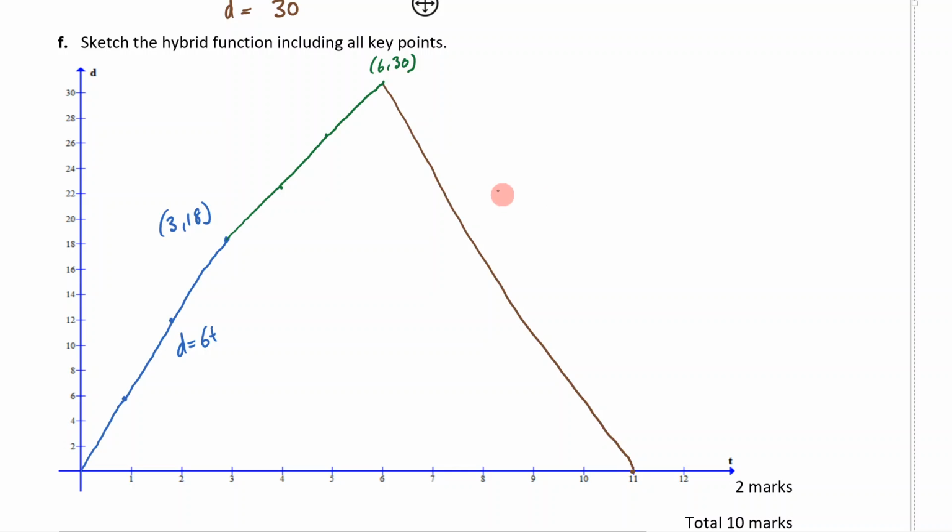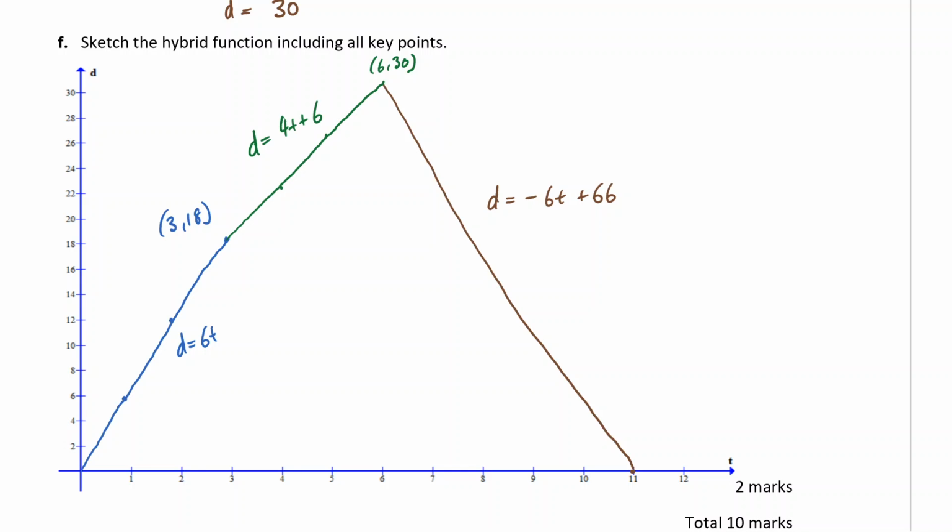So this is going to be negative 6, so d is equal to negative 6t plus 66. And then I also need to put in what that other line was, which was d is equal to 4t plus 6. Perfect. And that's all good.